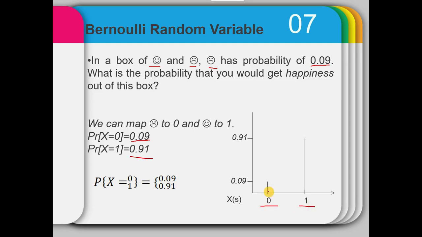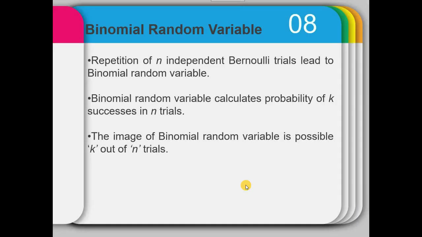Okay, so from the Bernoulli random variable we jump to the next category of random variable we are interested in. We have already discussed the binomial law. So very easily we can say that a binomial random variable is a random variable that follows the binomial law. So what was the binomial law, or what is the binomial random variable?